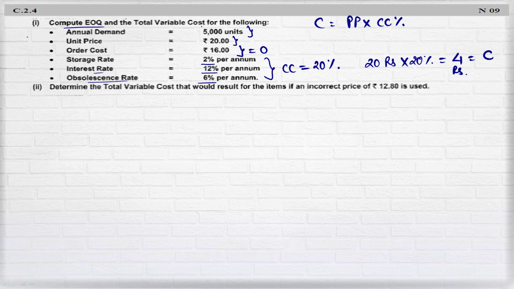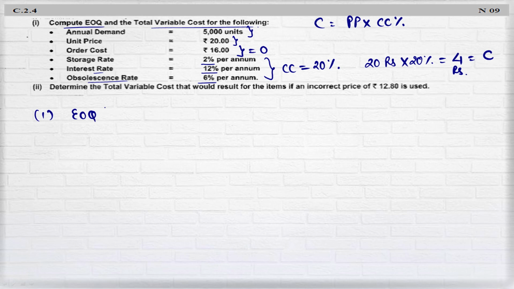Compute EOQ and total variable cost. Variable cost includes everything: purchase price, associated cost, everything. Material practically is a variable cost. I will be finding out EOQ first.